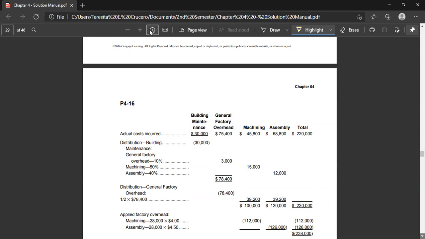The company expects each production department to use 30,000 direct labor hours during the year, and general factory overhead was distributed according to direct labor hours. Now, since as stated, both production departments, machining and assembly, will use 30,000 direct labor hours.